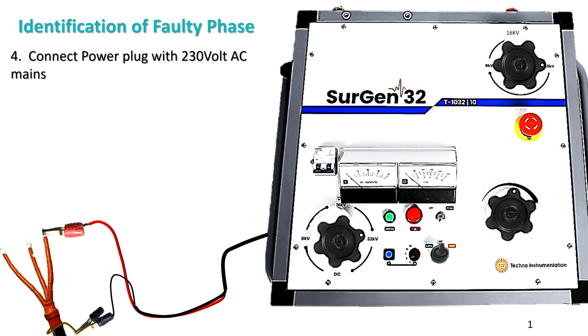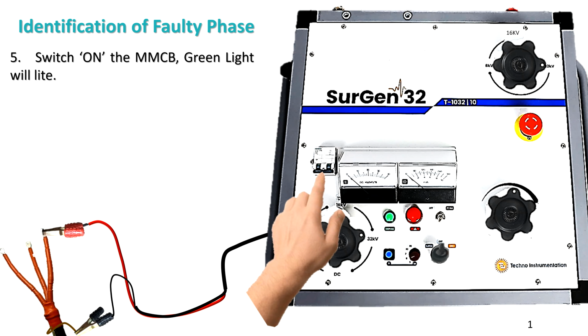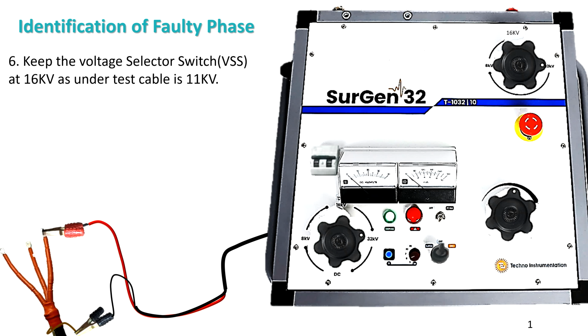Connect the power plug with 230 volt AC mains. Switch on the MCB. Green light will lit. Keep the voltage selector switch VSS at 18 kV as our under test cable is 11 kV.